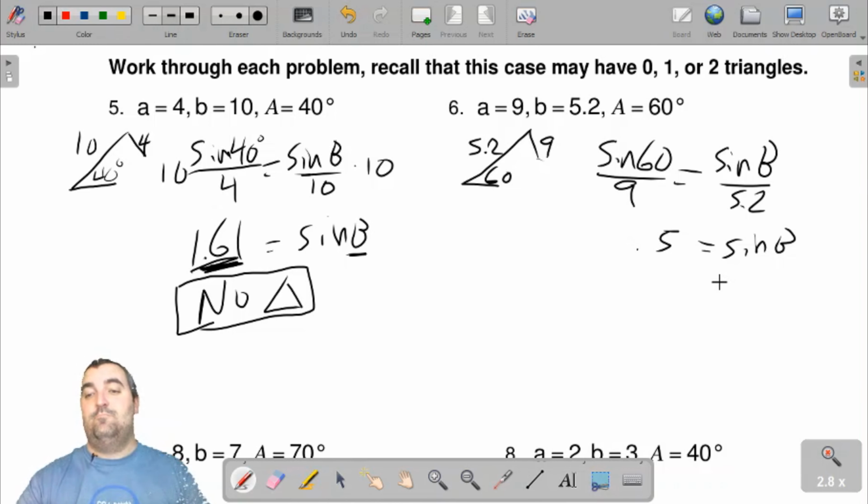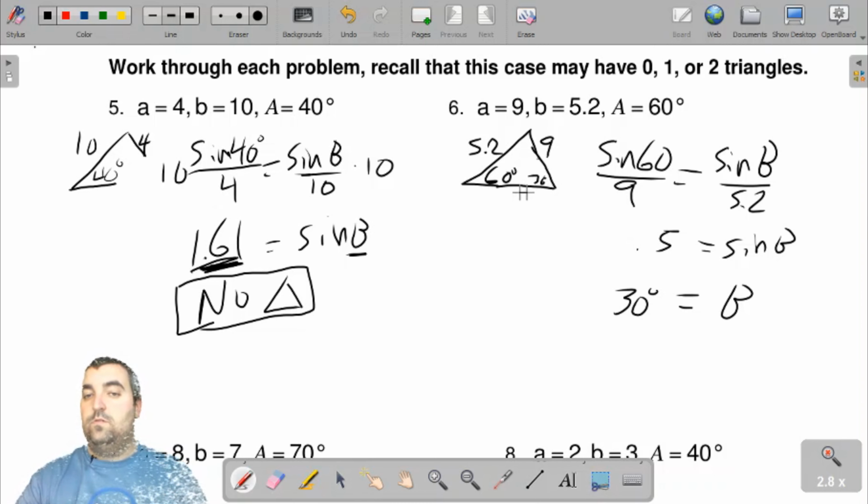Alright, and then, this is actually one we should know off the top of our heads, but if we don't, inverse sine of 1/2 gives us 30 degrees. Okay, and then when you see this, you get a 60-degree angle, a 30-degree angle, so a triangle is formed, so we can finish off our drawing. So, then you know this is a 90-degree angle.